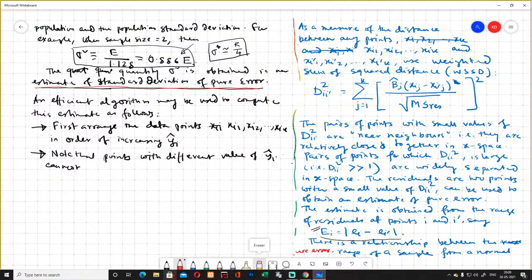Ei and ei dash are the residuals, and the difference between them is estimating the pure error included by the observation. Yes, you are right.